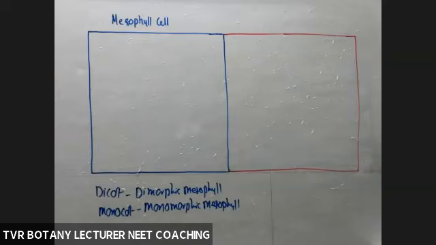Monomorphic means only one type, generally with a spongy parenchyma. So the C4 cycle is present in both dicots and monocots. The mesophyll is either differentiated or not differentiated. If differentiated, dimorphic, represented by palisade parenchyma and spongy parenchyma. Otherwise, monomorphic, represented by spongy parenchyma.